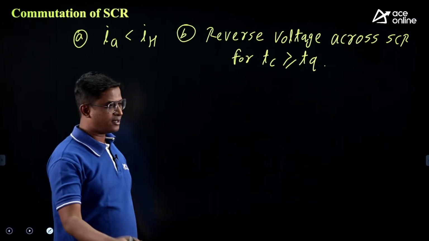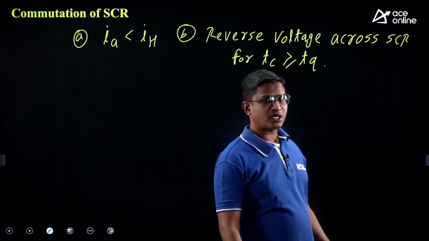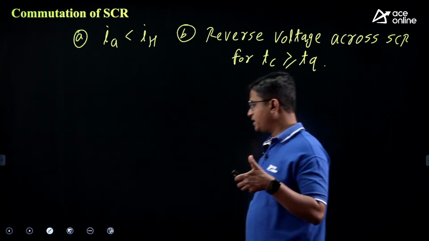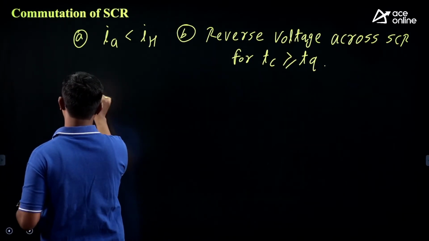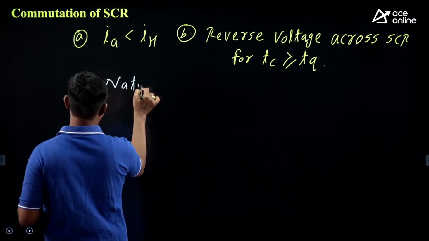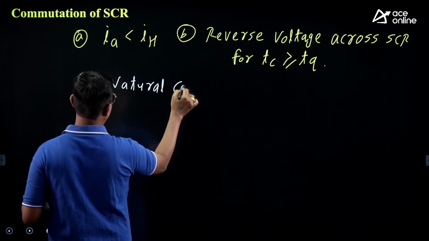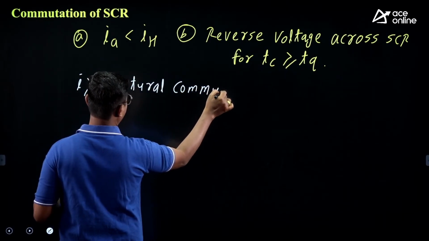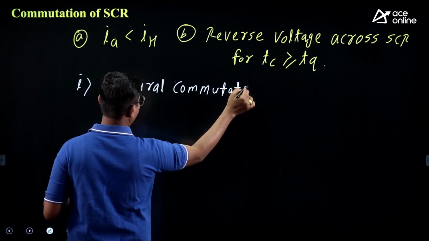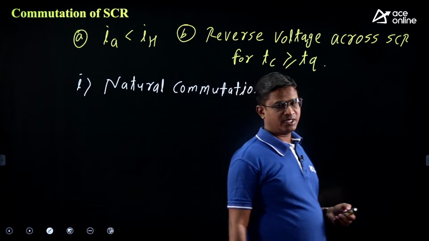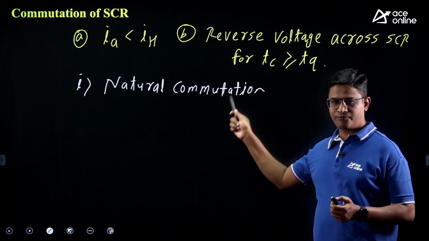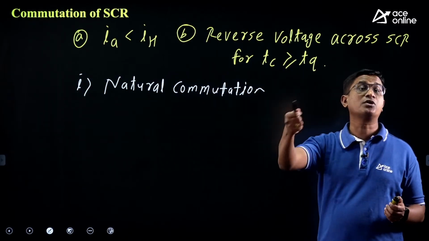Now we have different methods or types of commutation. Natural commutation means here your SCR turns off due to the nature of source.